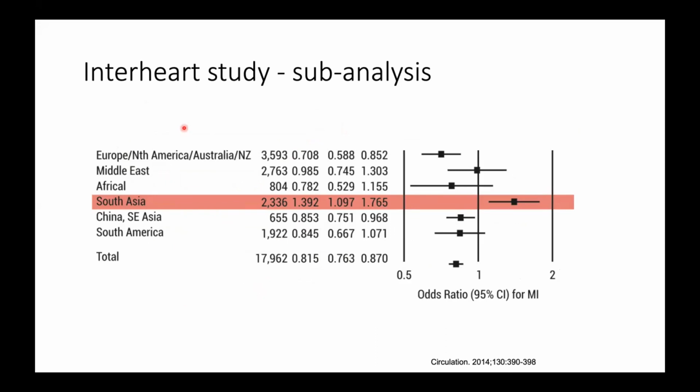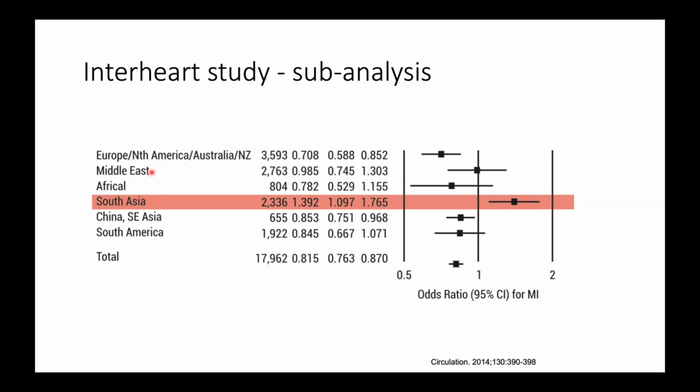The biggest example was the INTERHEART study, which was done in 7 continents, and what they found was that alcohol was beneficial in the European, North American, Australian or New Zealand population.